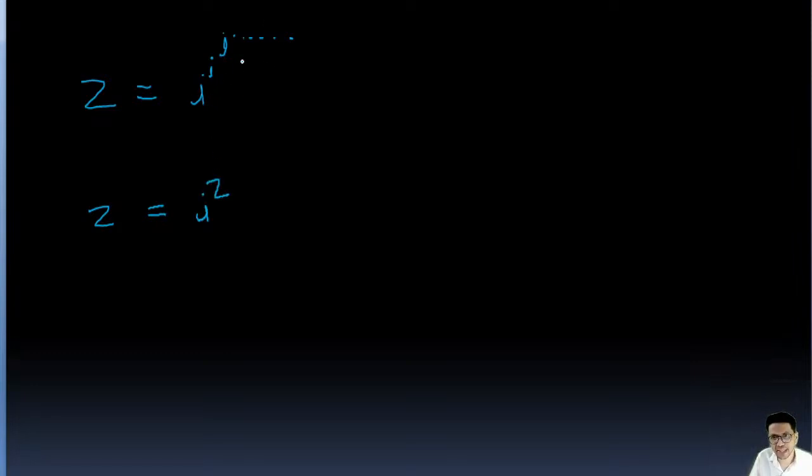If it is an infinite series, iota to the power iota to the power iota, and we leave this term, the series is still going to be infinite. So we can leave this term, and this is also iota to the power iota to the power iota till infinity. So we can write this term as z as well.